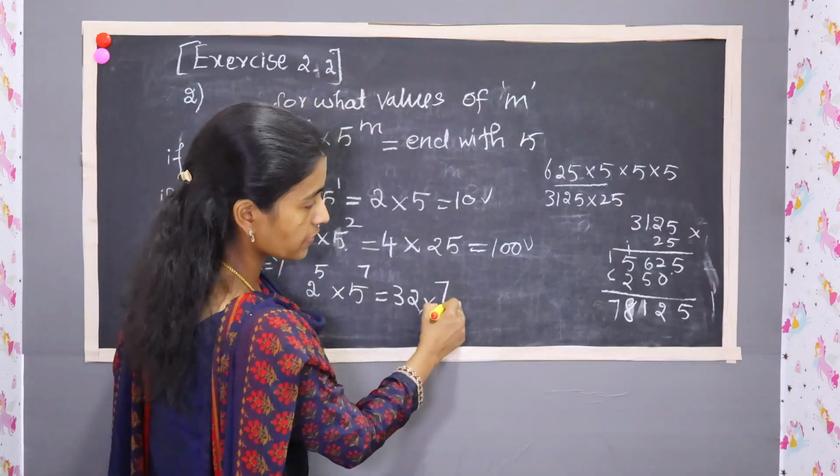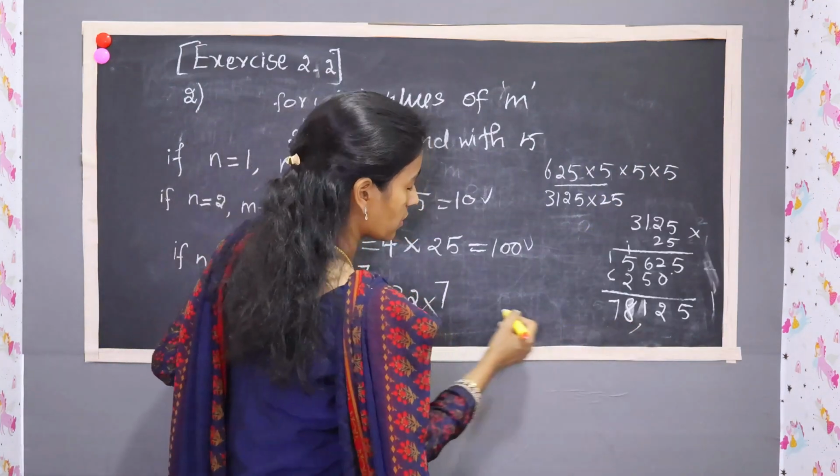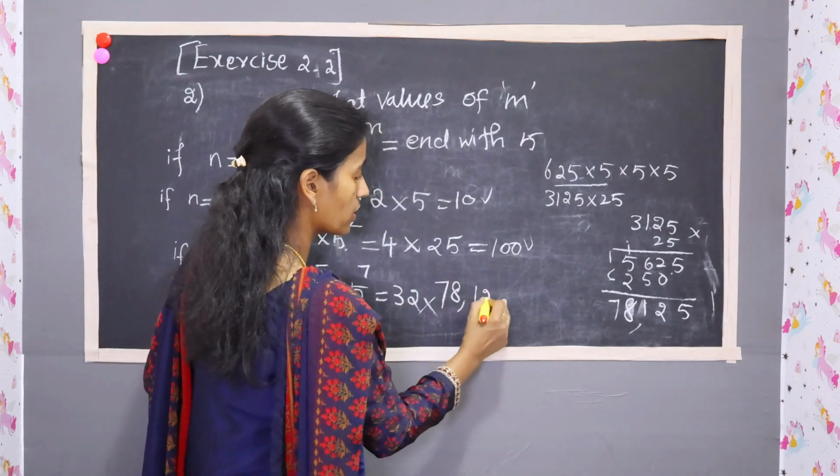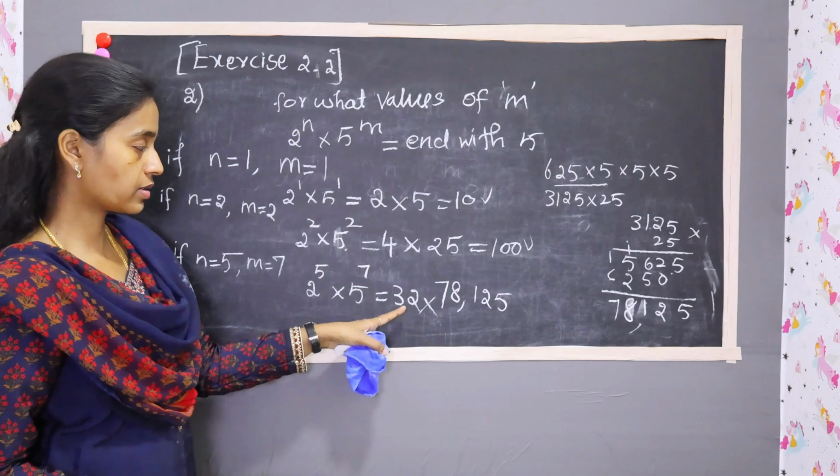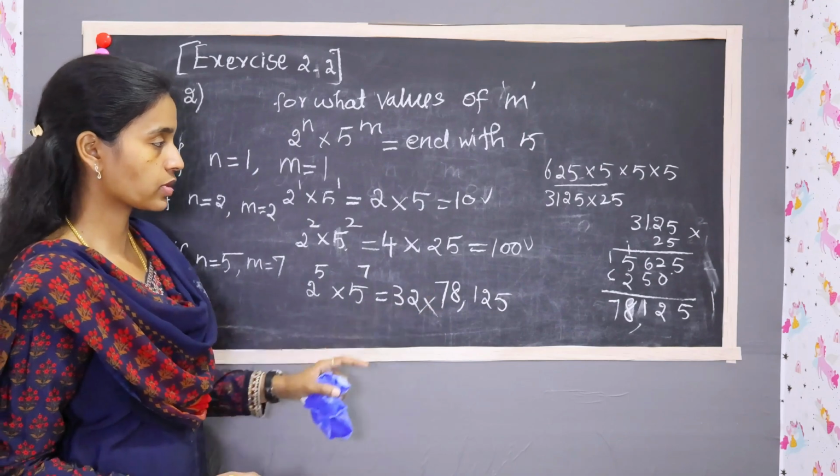So I'm getting 78,125. So I need to multiply this by 32, right?